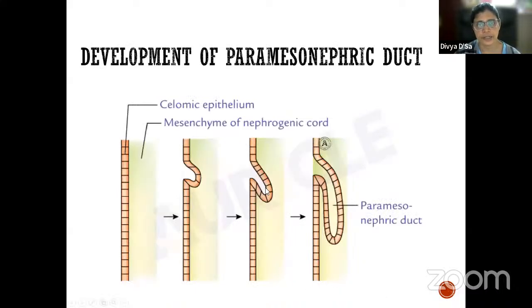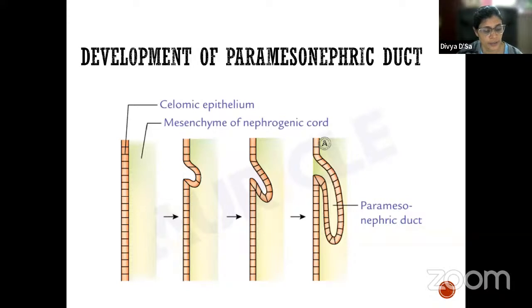Then is the development of the paramesonephric duct in females. The paramesonephric duct, as I told you, develops from the coelomic epithelium. If you see the mesenchyme, this is the coelomic epithelium, and this is the nephrogenic cord.